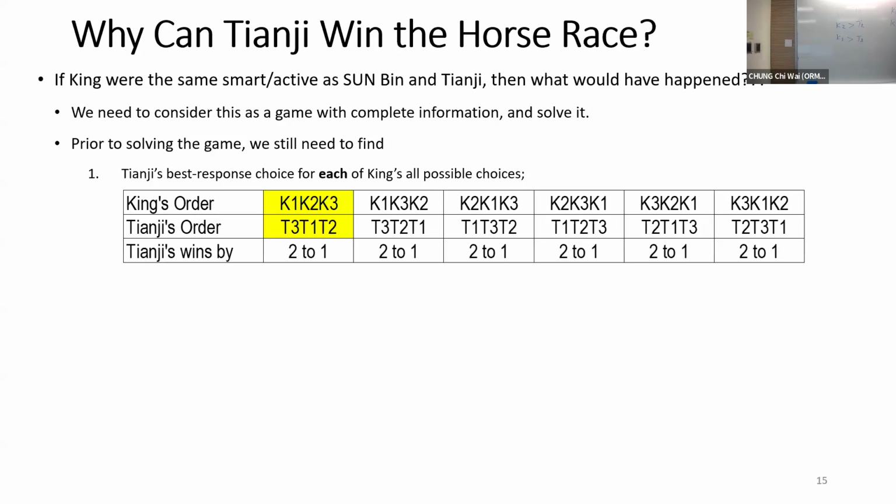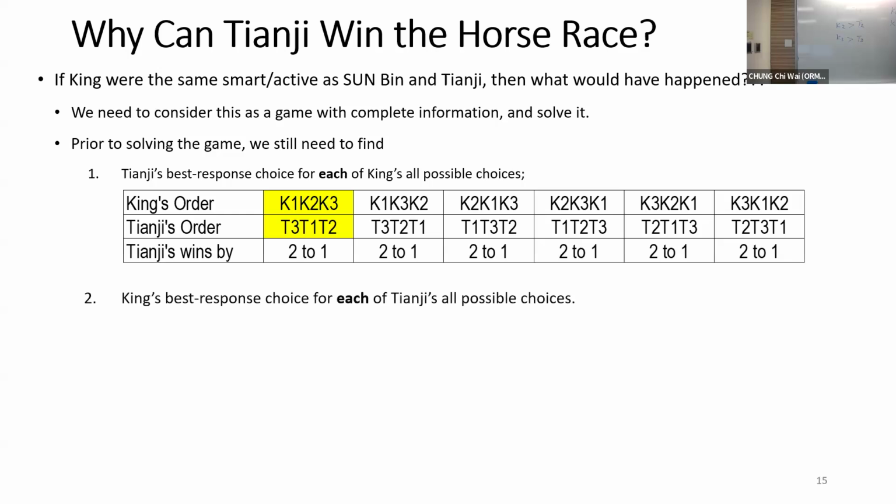And if the king uses the sequence K2, K1, K3, then the best response of Tianji is the sequence T1, T2, and it can win the game by T1. If the king uses K2, K3, then the best response of Tianji is, okay.